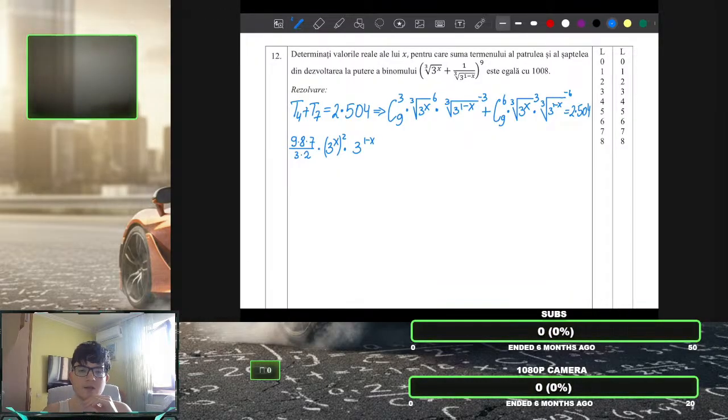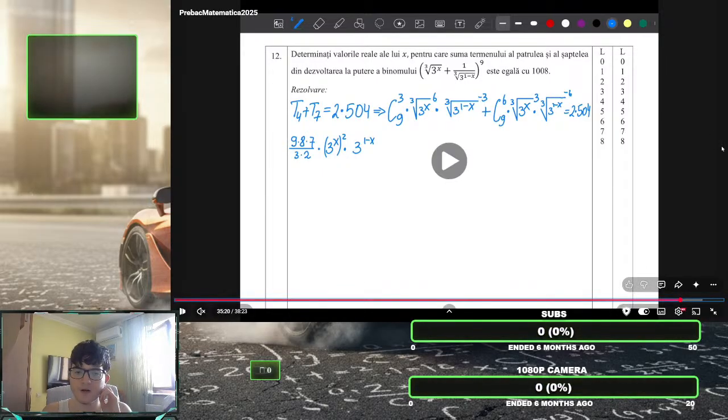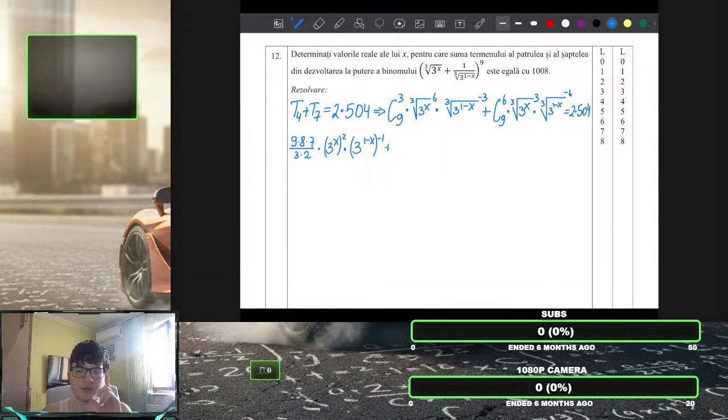And that is 3 to the power of 2x. Which kind of wasn't written out till the end now. And right there we get this. Essentially, the power of 3 just removes that. But we do have a negative right there, so negative 1. We pop it right there.